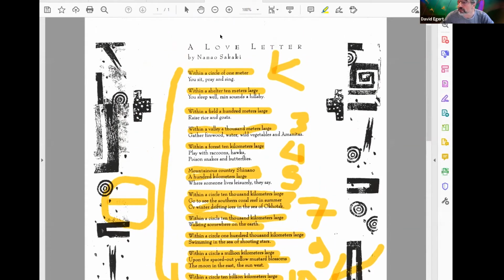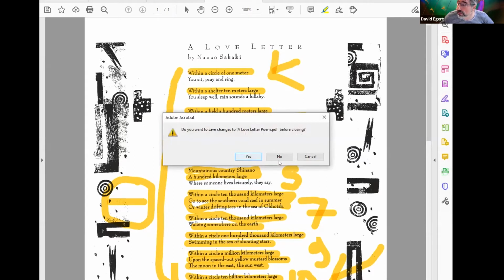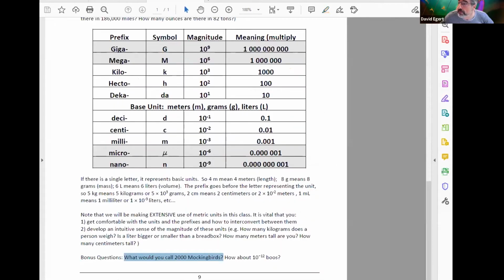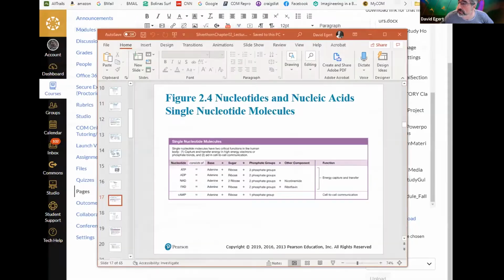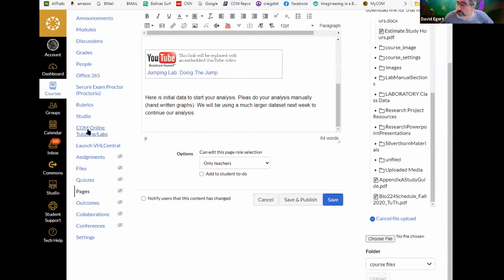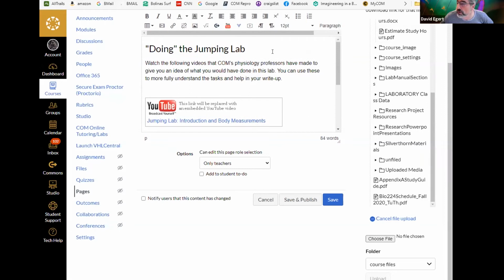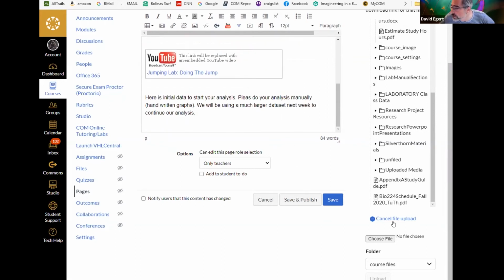But anyway, I put this in one of your modules. I think it's in the module for this lab for today. Okay. Nope. Right. So if we get to our, oh, did it? Dagnabbit.